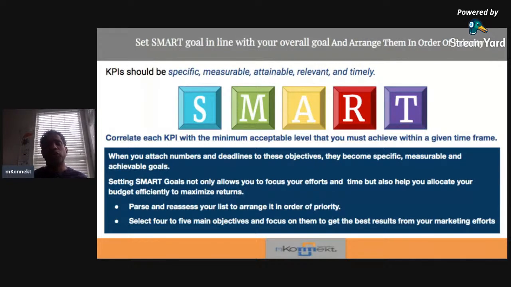But if you say, I want to increase from 20 orders to 2,000 orders, whether that is attainable or not, you as a business owner have to think, because that would have a lot of ramifications in terms of morale. Aim high, but at the same time make sure those goals are attainable and within reach, so that you can build upon whatever you're doing from a marketing campaigns perspective.